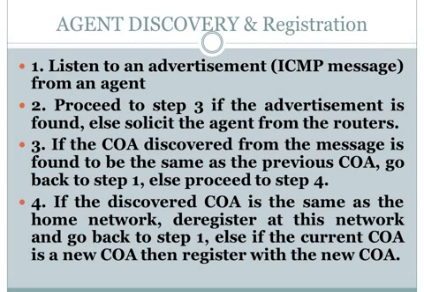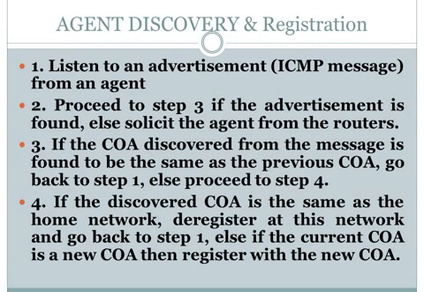Okay, only 3 cases: the same COA, a new COA, or the COA of the home network. That is the co-located COA. If it is a co-located COA, then deregister at this network and again go back and start waiting for advertisements for a new COA. In any case, we have to wait for a new COA, that's all. As simple as that. Right?